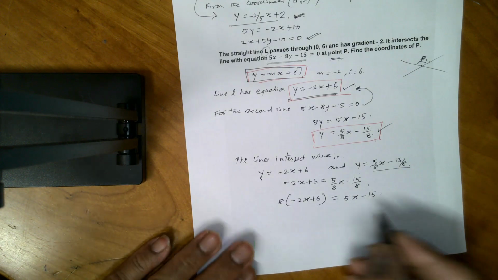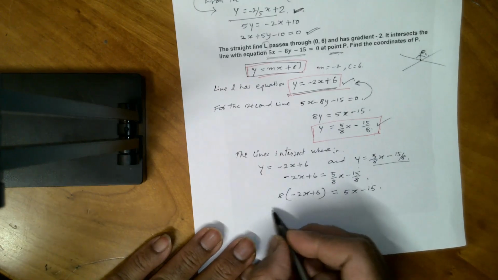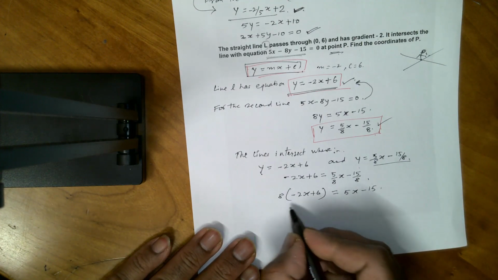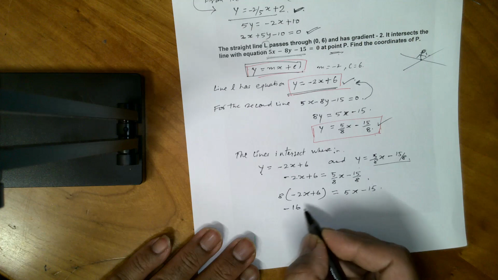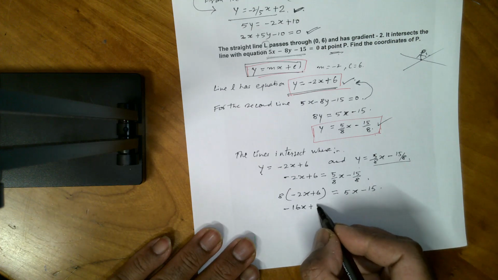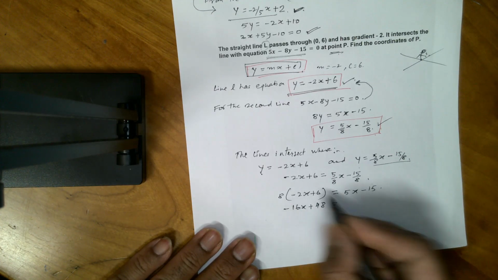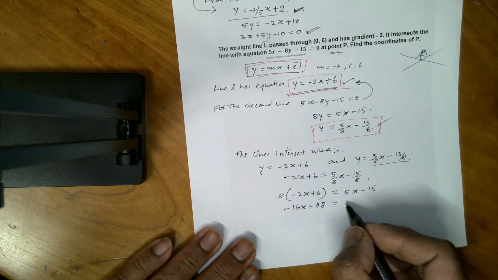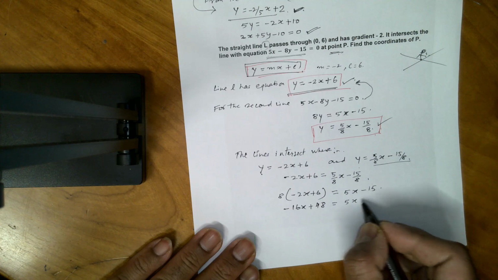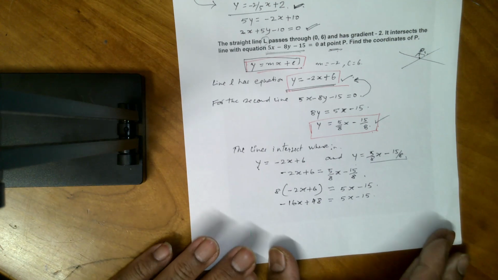Once we have this, just open this and further simplify, that will give us minus 16x plus 48. So minus 16x plus 48 equal to 5x minus 15, right?